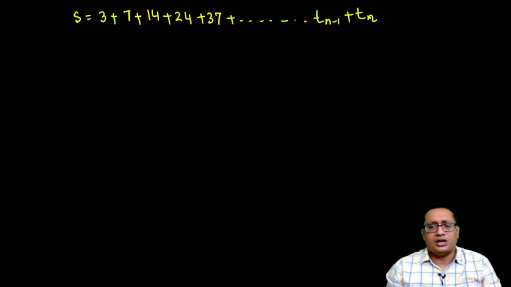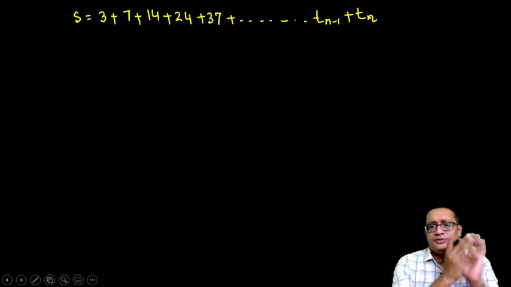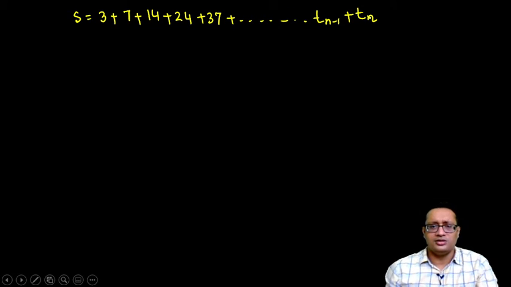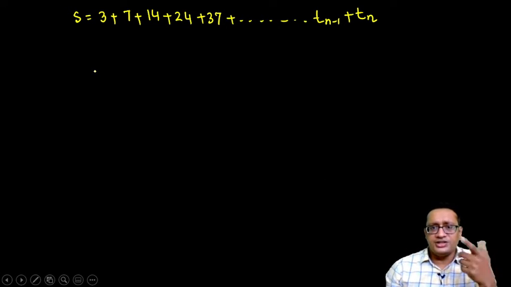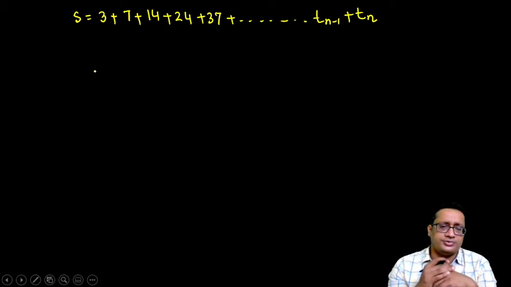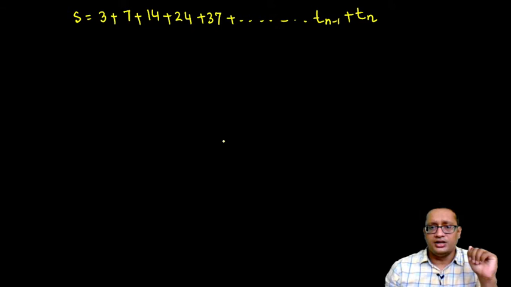I prefer that you use the first method only, so I did the first method first. See, in this I am not able to write the nth term, but with this trick I am able to write it. But before that you have to understand the series: the common difference is in AP.